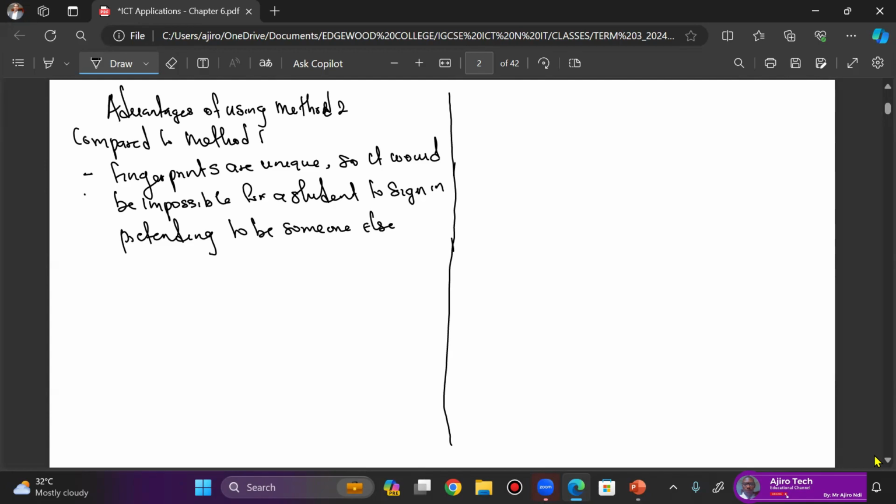It will be impossible. That is why fingerprints are so unique. You cannot just say, I am Iyanoluwa, and when you put your fingerprint, it shows you are Ben Sochi. That's not possible. So how come you are Iyanoluwa? That is very important. That's why fingerprints are unique.